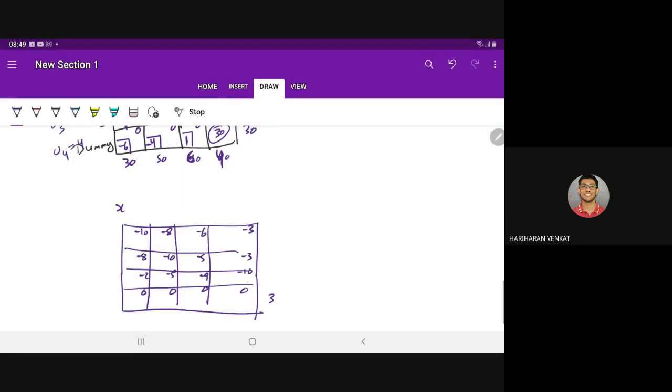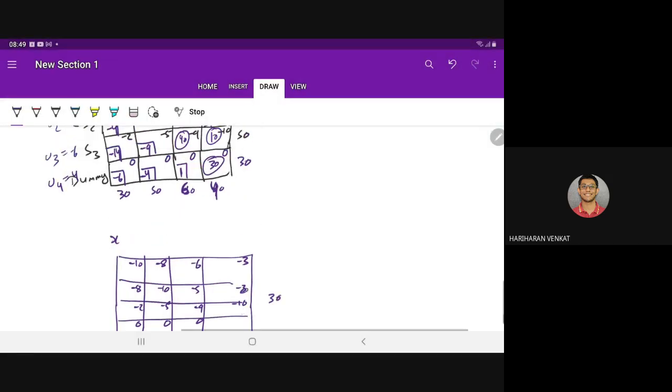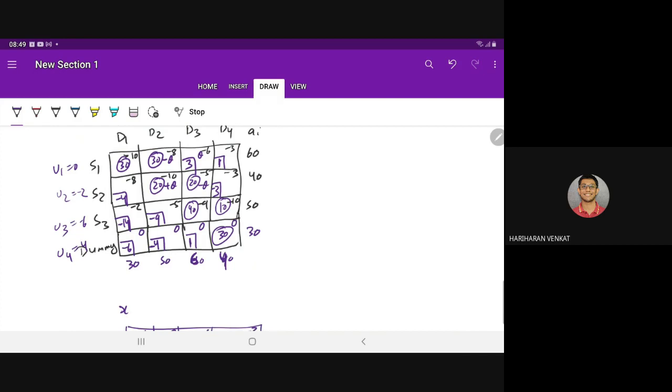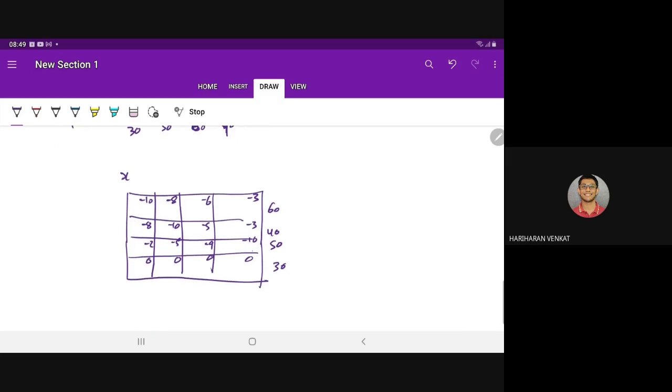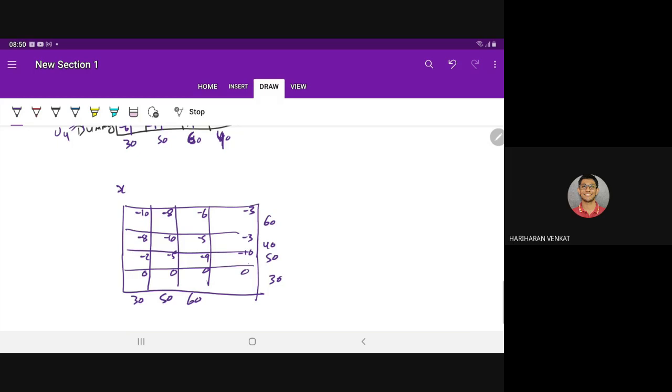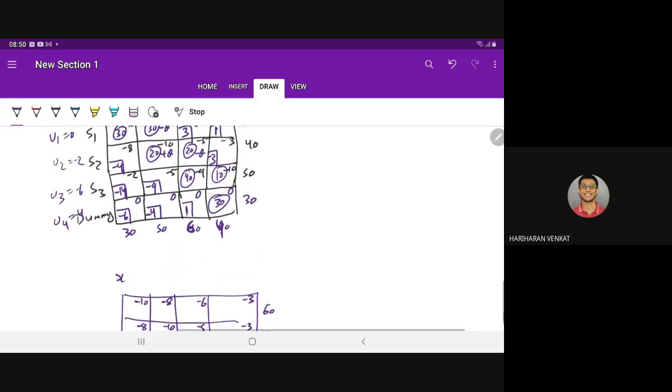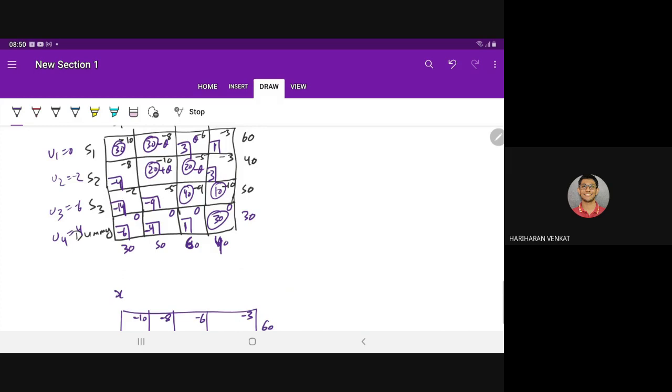Here we have 30 and 60, 40, 50, 60, 40, 50, 30, 50, 60, 40. And here you have taken theta is equal to 20. So this will come 30, 10, right?